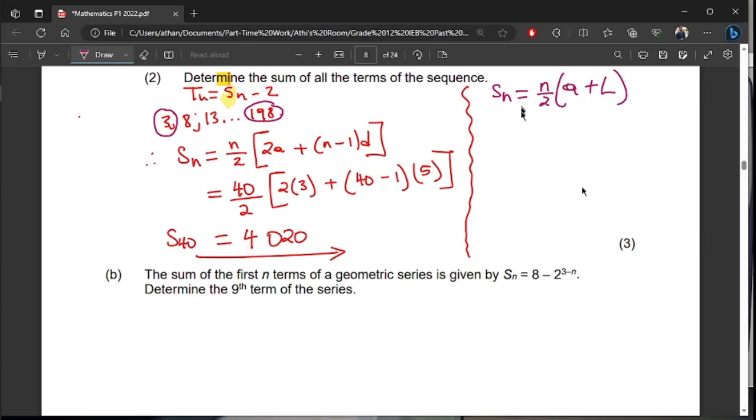Some textbooks or some people will label L as Tn, meaning the last term. So S40 is equal to 40 divided by 2 bracket 3 plus the last term, which is 198. And then let's see what answer we are going to get here.